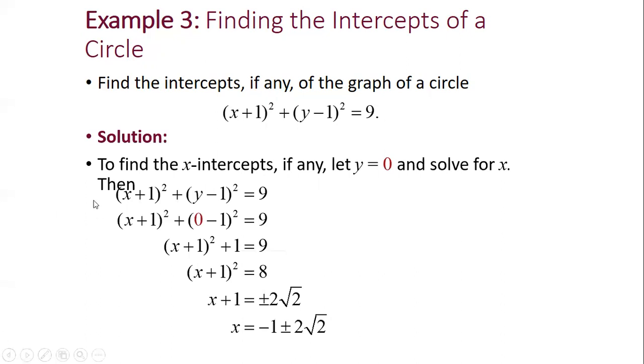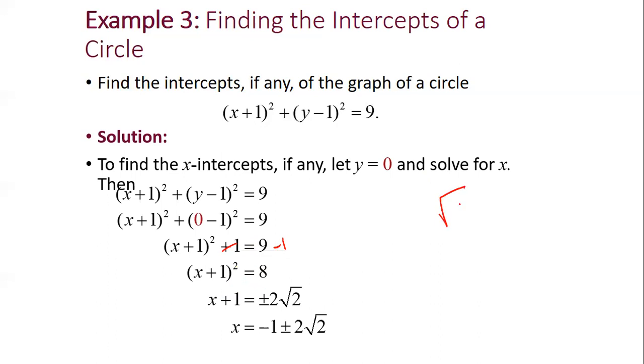Okay, so when we go through the steps of solving, notice how we plugged in 0 for y. We then simplified this down to 1 because -1 squared is 1. Then we subtracted 1 from both sides. That left us with 8, and then we took the square root of 8.